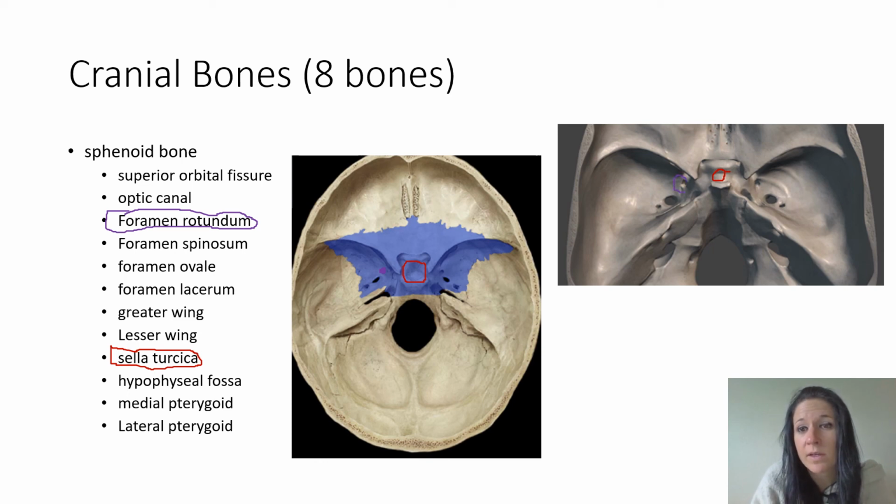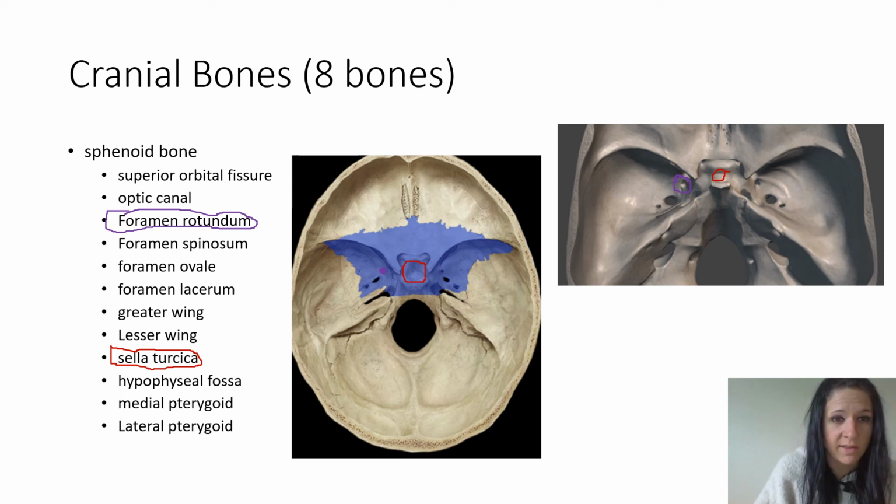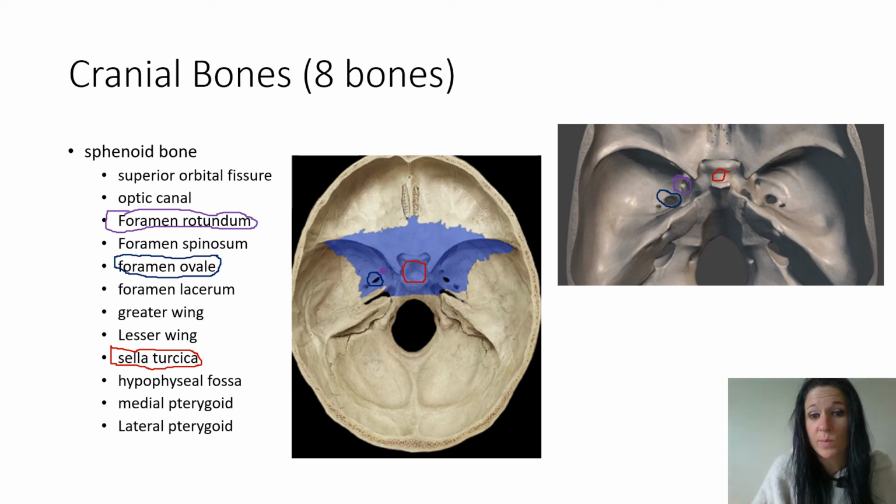So foramen rotundum over here, and foramen ovale, and foramen spinosum.